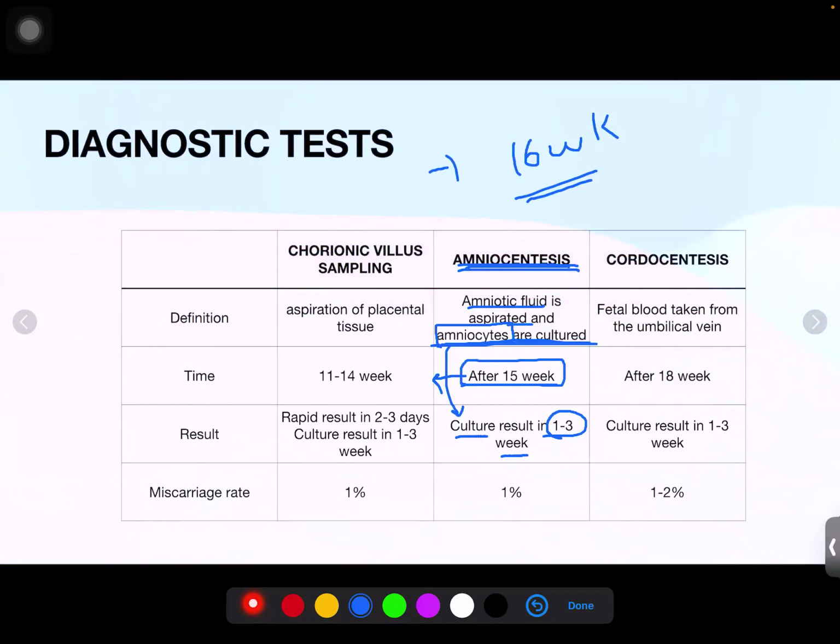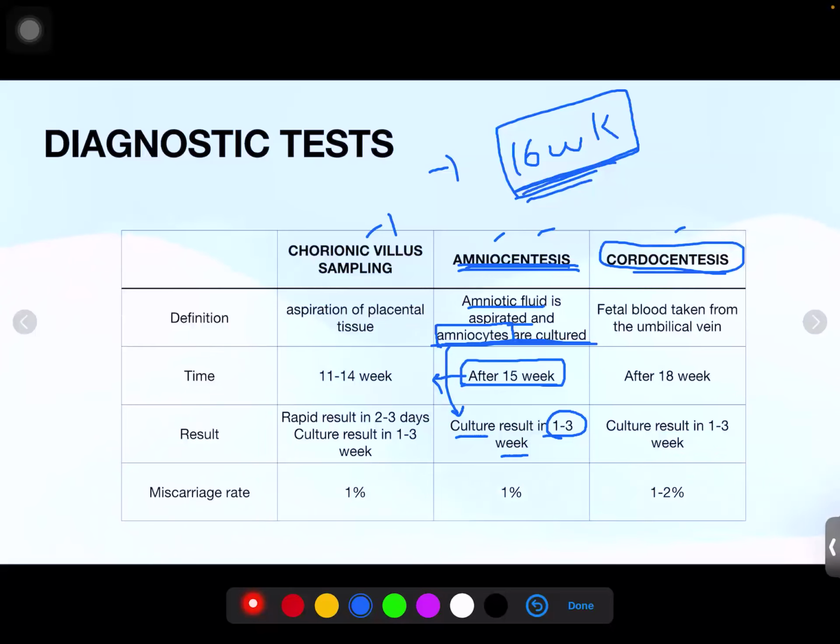How will you diagnose? If they ask you about a diagnostic test, then only you have to select these three options. We don't actually consider chordocentesis for these abnormalities, only CVS and amniocentesis, and you select CVS or amniocentesis by seeing the gestational age.